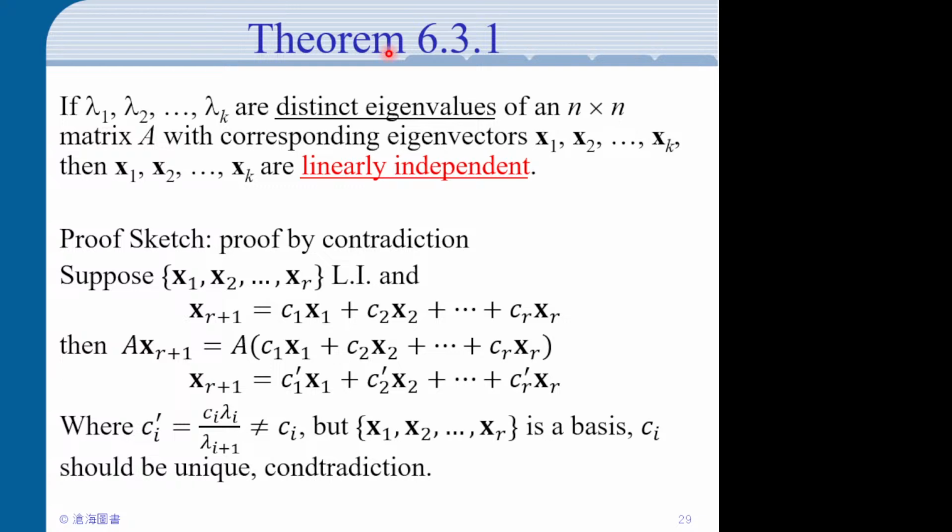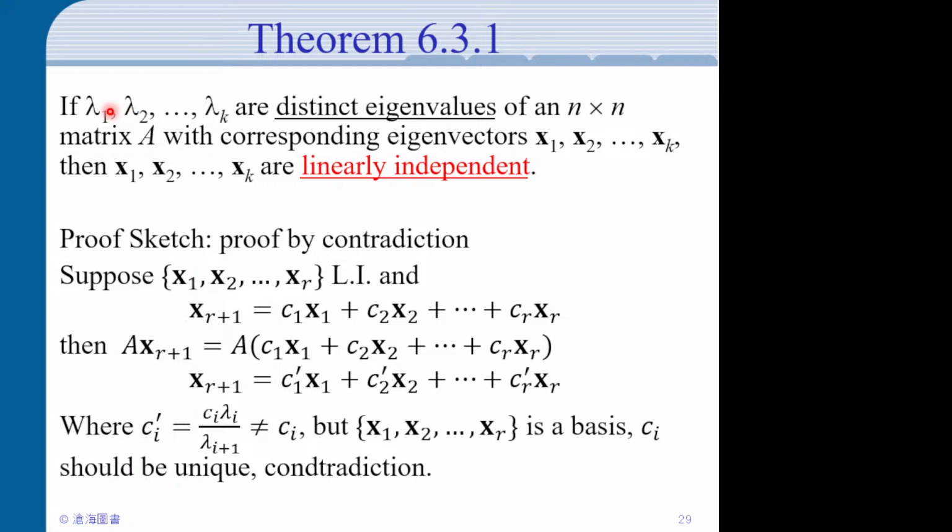It says that if our eigenvalues are all distinct, all different, then the corresponding eigenvectors will be linearly independent. So this is some structure on eigenvectors we can state. And here we have a sketch of the proof. It's a proof by construction.